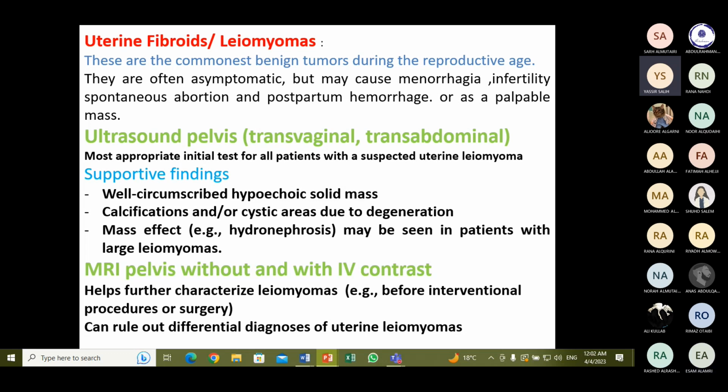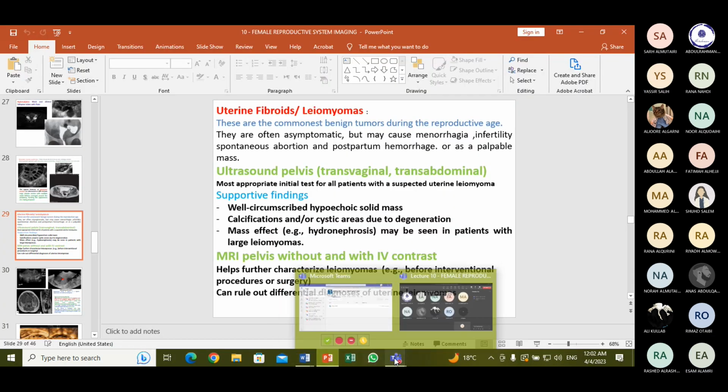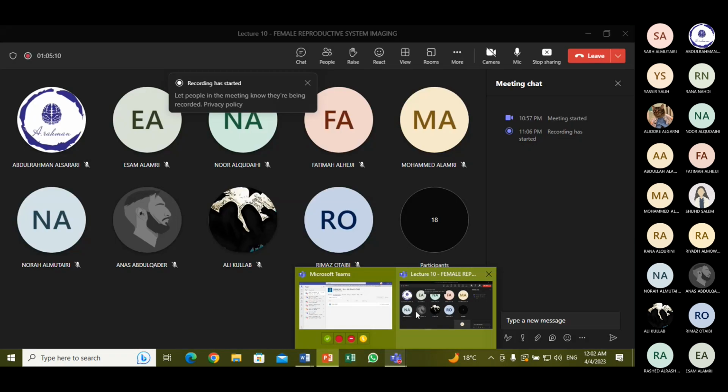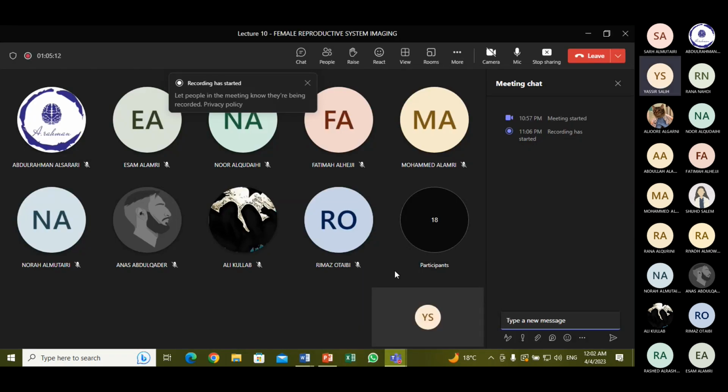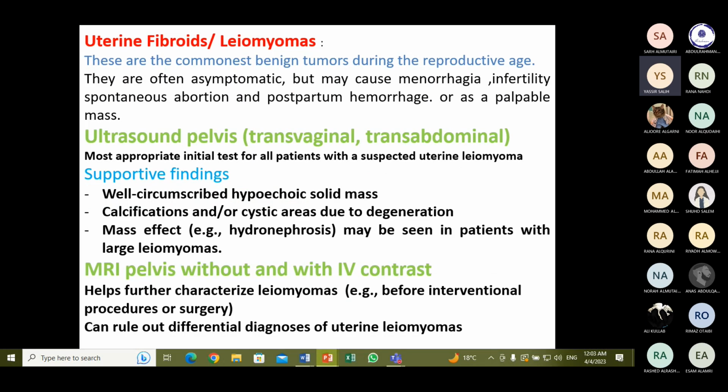So to diagnose this leiomyoma or fibroid, the most appropriate initial test for this patient is ultrasound, especially transvaginal.